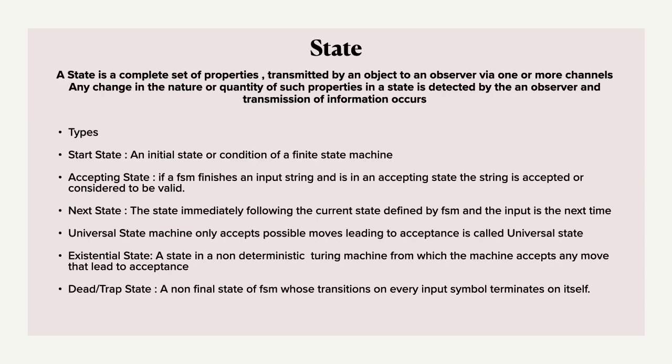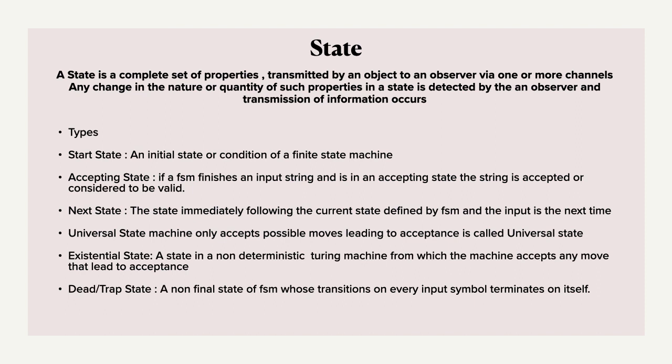So that's the way. If you're talking about the state, a state is a complete set of properties transmitted by an object to an observer via one or more channels. Any change in the nature or quantity of such properties in the state is detected by the observer, and transmission of information occurs.